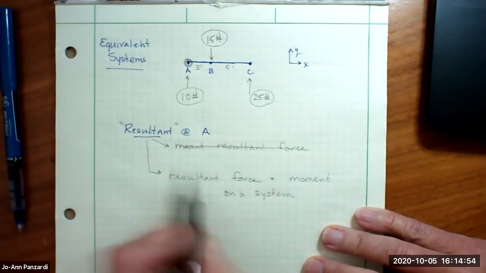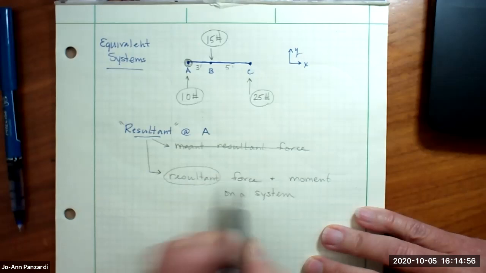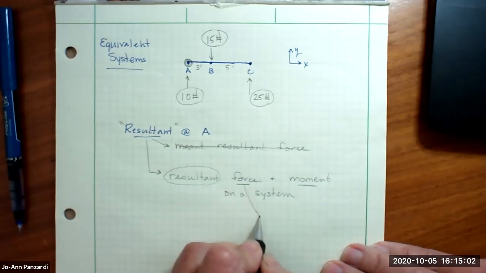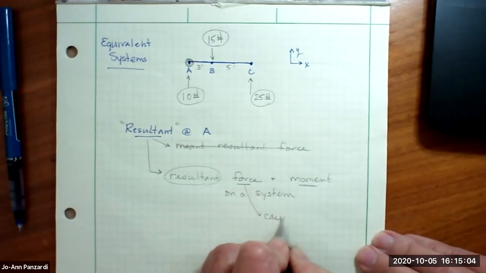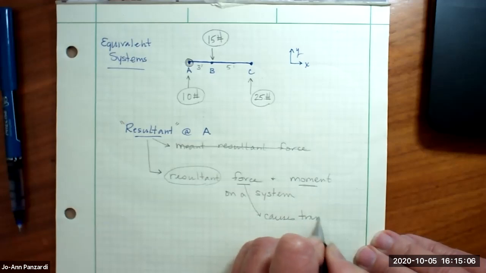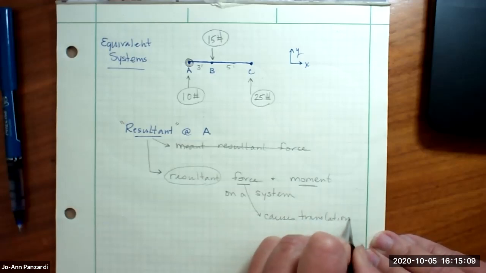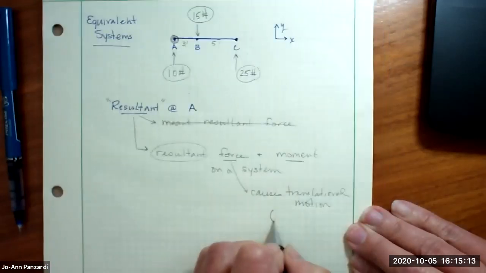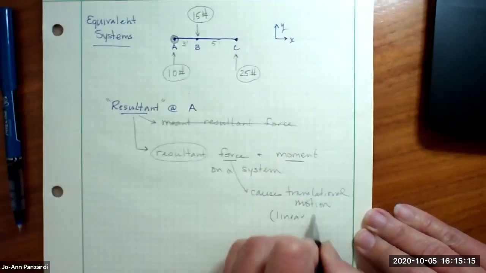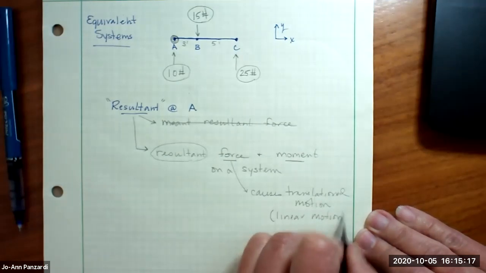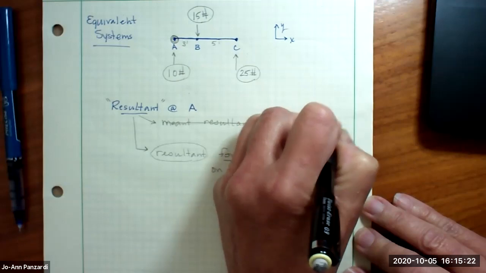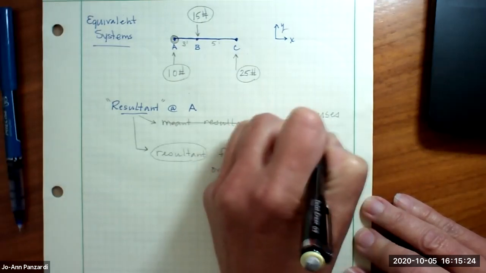From now on, whenever we use the word resultant, we mean the resultant force and the moment on the system, which when you have a resultant force causes translational motion, which we have also referred to as linear motion. And the moment causes rotational motion.